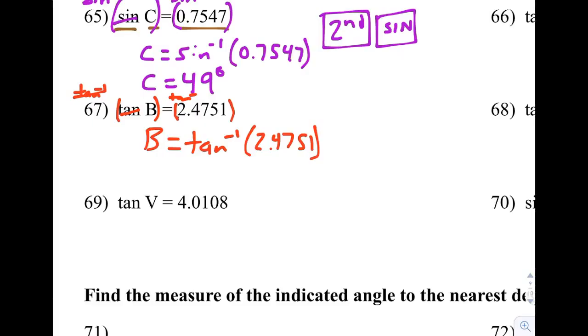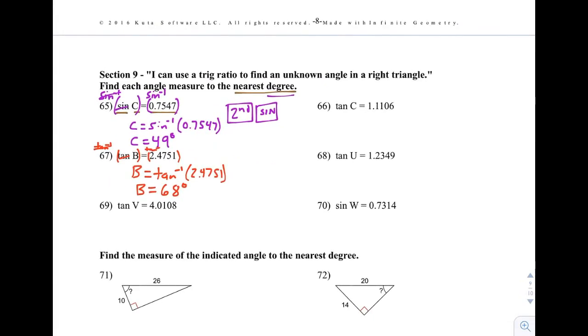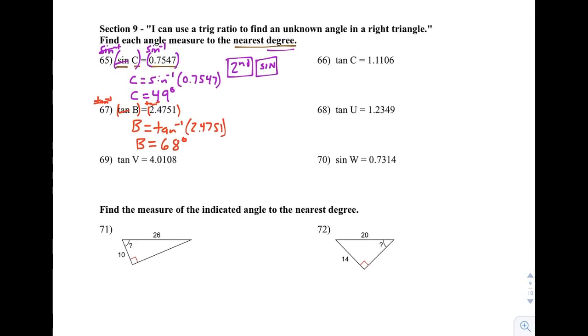Our answer comes out to 68.00 something or another, so rounding to the nearest degree is going to be 68 degrees. So again, these are just calculator problems to practice. Make sure you're doing it right. Same concept applies to the rest of these. There's not a cosine example, unfortunately, but it's the same thing: cos -1, or second cosine on your calculator.